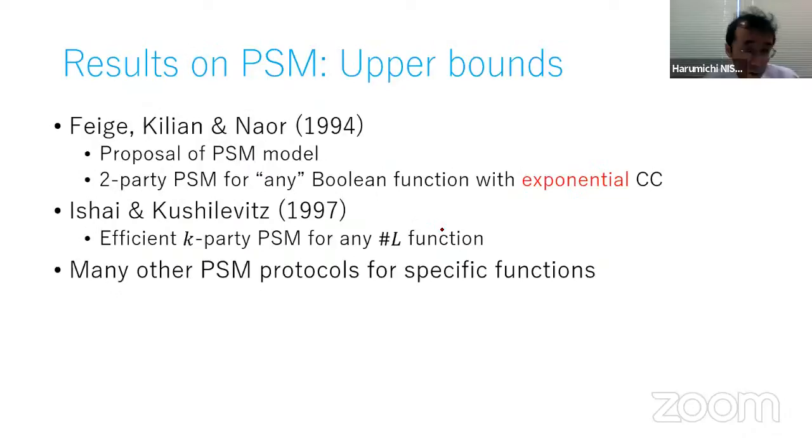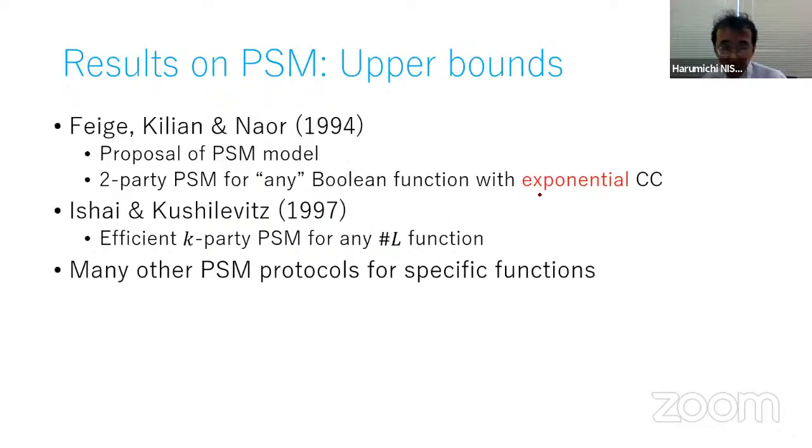Now I show the previous results on PSM, first the upper bound case. Kilian and Naor in 1994 proposed a PSM model and showed a two-party PSM for any Boolean function with exponential communication complexity.